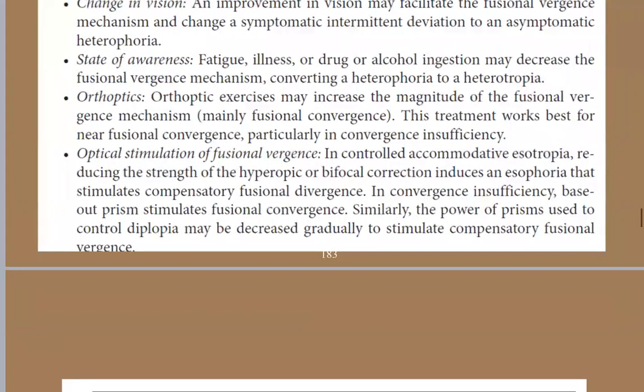Change in vision: if the patient is not seeing well, the fusion will be poor. If the patient is seeing well, the fusion will be better. So the fusional vergences will increase after correcting. If the patient is not seeing, or is not seeing with his glasses, if his vision is poor, this means that his fusional vergences will also be poor. Also, the state of awareness.